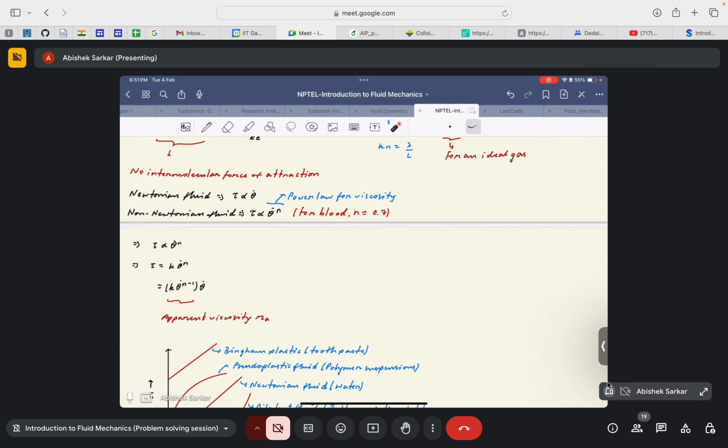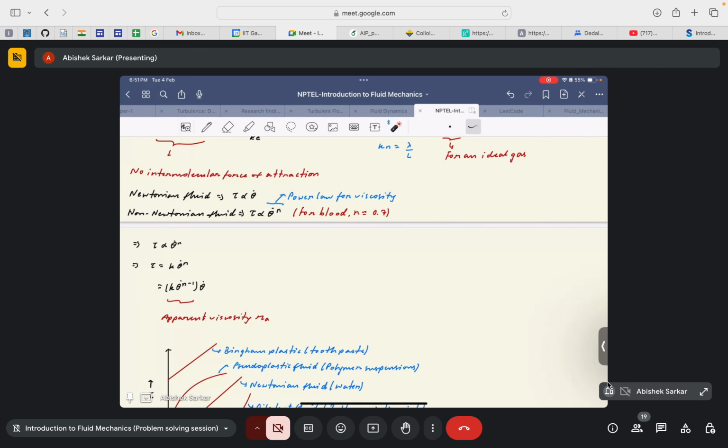So tau is equal to mu a into theta dot, where mu a is the apparent viscosity.